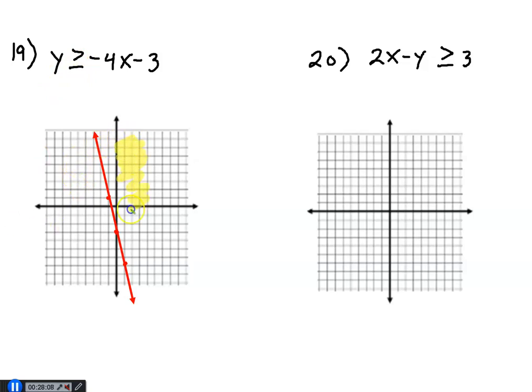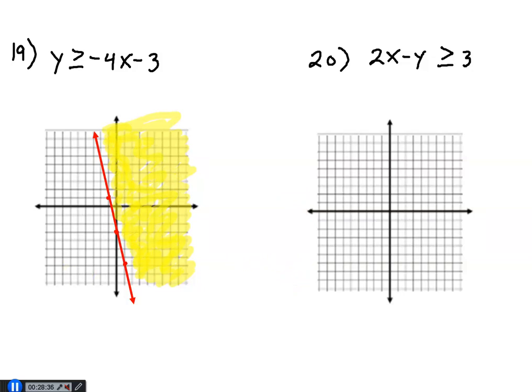So I'll be shading this area of my graph. The yellow indicates all of the ordered pairs that represent where we get solutions from. Any ordered pair from this yellow area, and it goes forever in that direction, but basically we're just going to indicate by shading where those ordered pairs can be found.